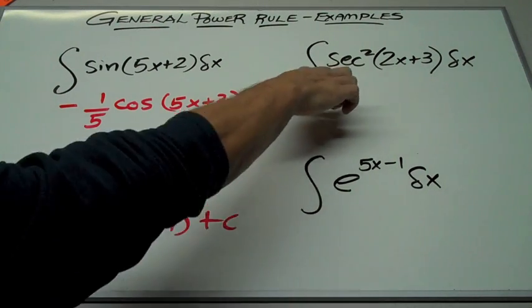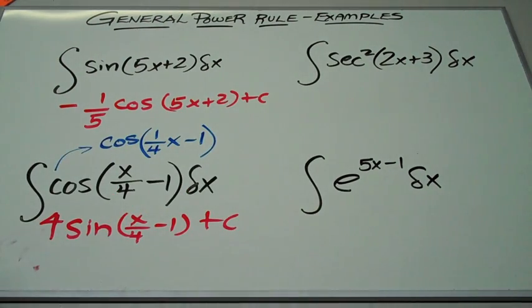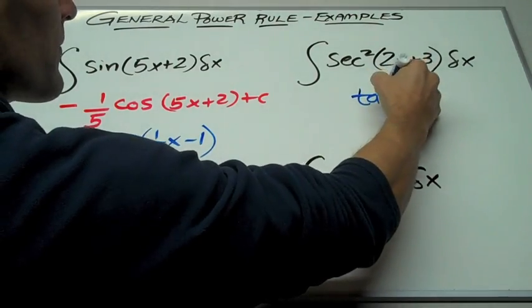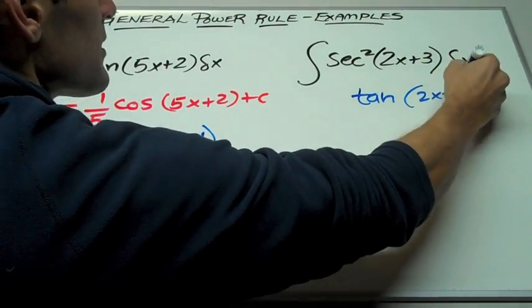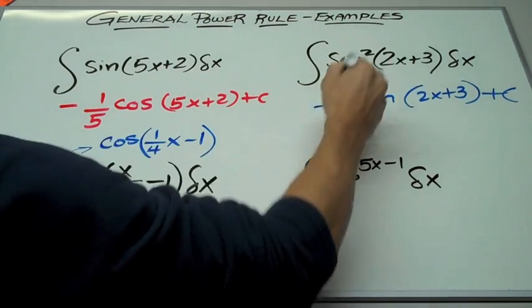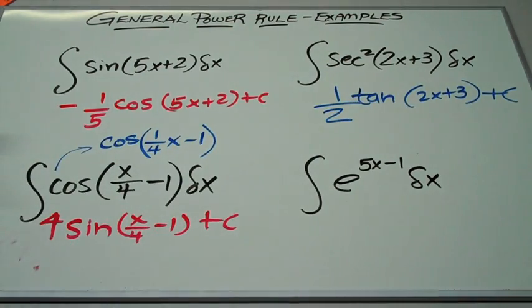Over here we have secant squared(2x + 3). Recognize that it's really the integral of secant squared(ax + b). So that's going to give us tangent(2x + 3) plus c times 1 over 2, or divided by 2.